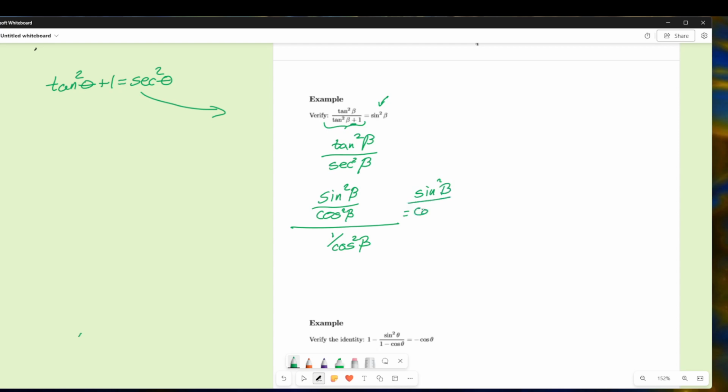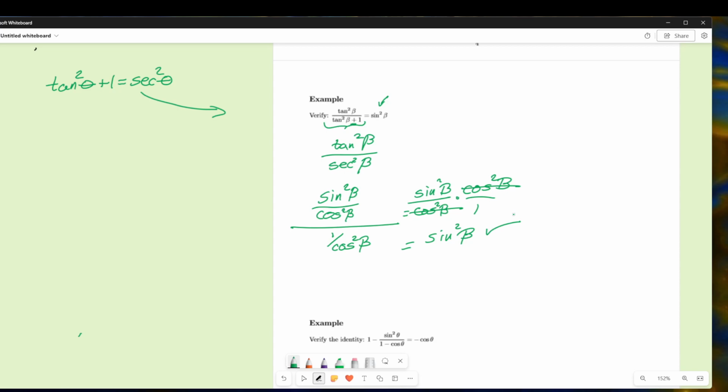Which means we can multiply by the reciprocal of that and get cosine squared beta over 1. So those cosines are going to cancel, and that is going to leave us with a nice sine squared beta, which is what we wanted.